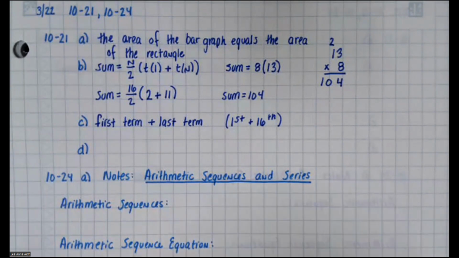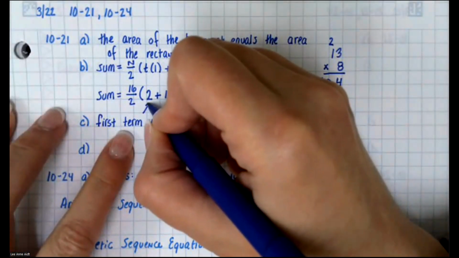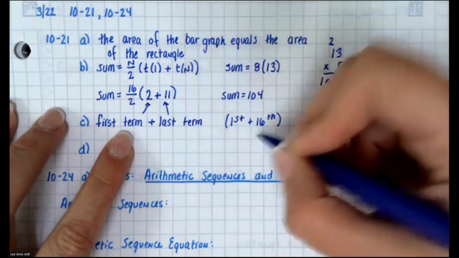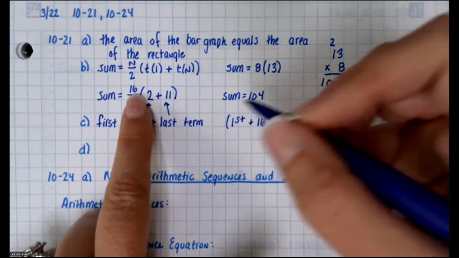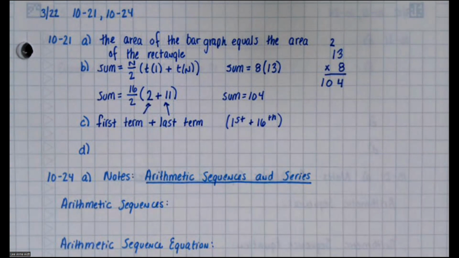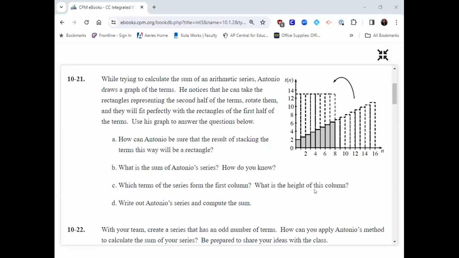Do you see what I'm doing here? So this and that added together make that column. And then what is the height of this column, of this new one after these two are put there? 13.